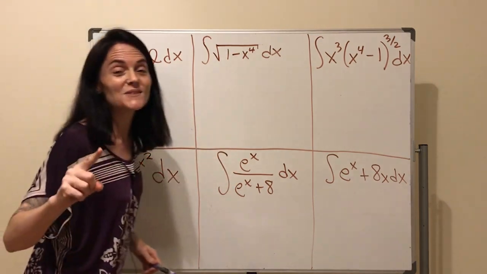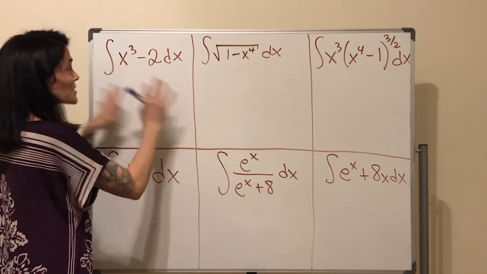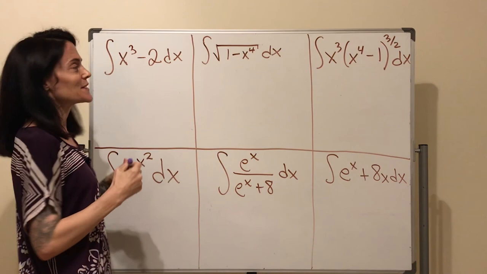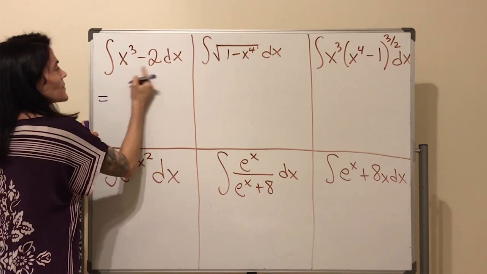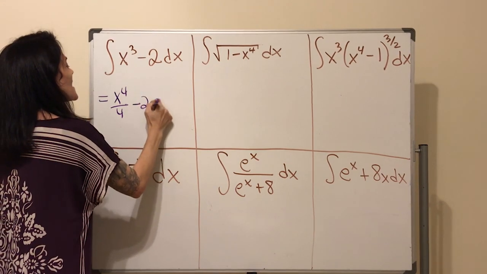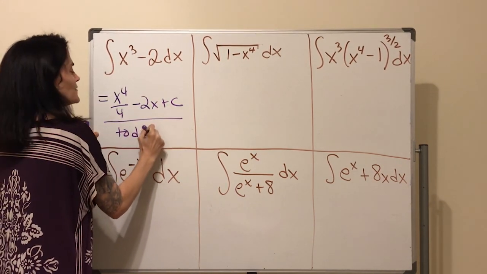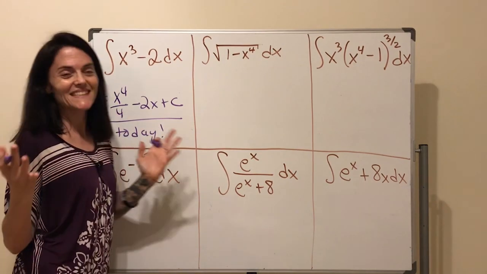First of all, for the ones we can do right now, this one should jump out at you as something that we can do right now. It's a sum of 2 terms. This is x to the 4th over 4 minus 2x plus c. So this is one we can do today. In fact, we did just now.